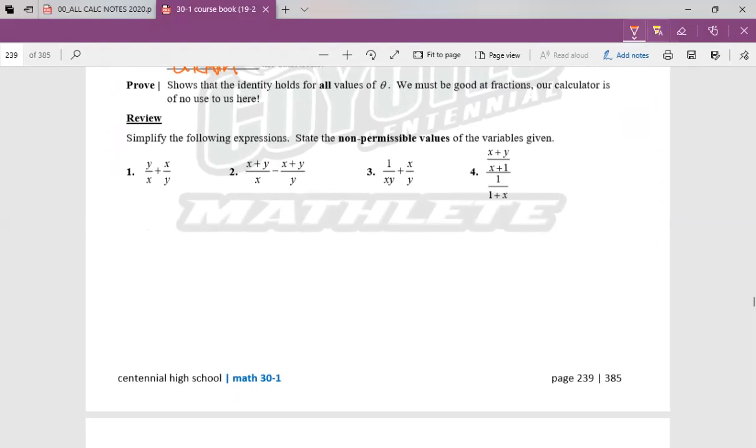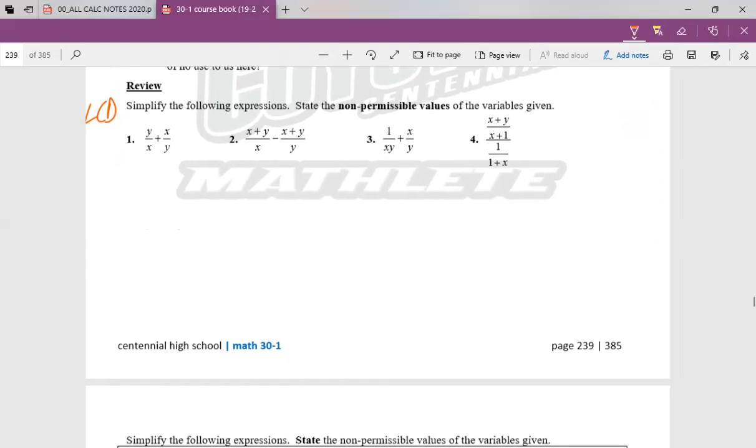Y over x plus x over y. So we need a common denominator. That ends up being often a huge strategy with these, is that we're going to need to identify and find our lowest common denominator. And if we do that, xy, of course, is going to be our common denominator. This one needs to be multiplied up and down by x. This first term needs to be multiplied up and down by y.